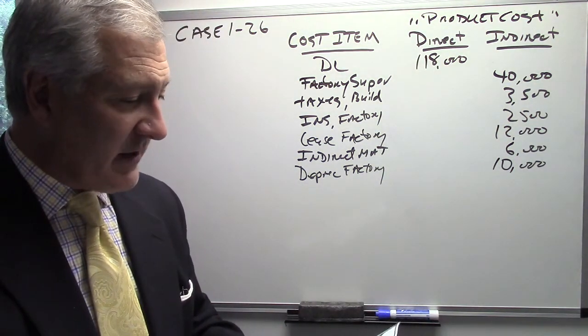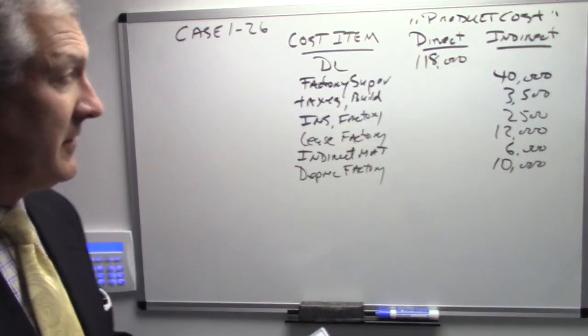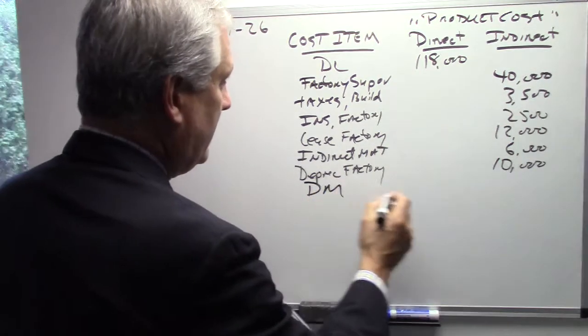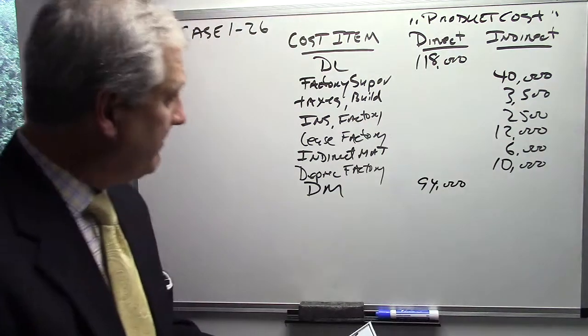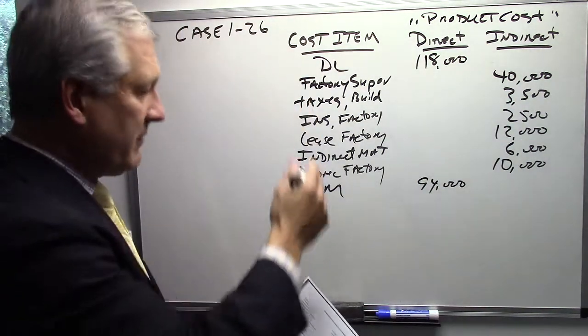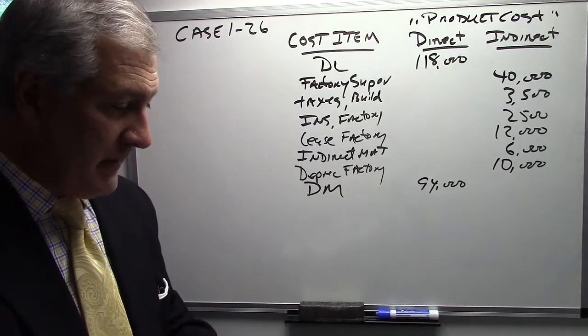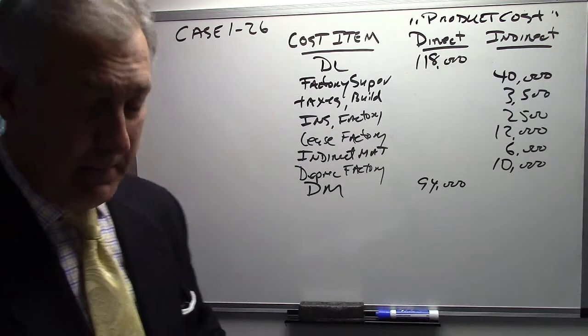Next item is direct materials. That's pretty clear, isn't it? Direct materials. Product costs. It's going to be direct, $94,000. Direct labor, direct materials, those are direct costs, right? Next item is utilities on the factory.